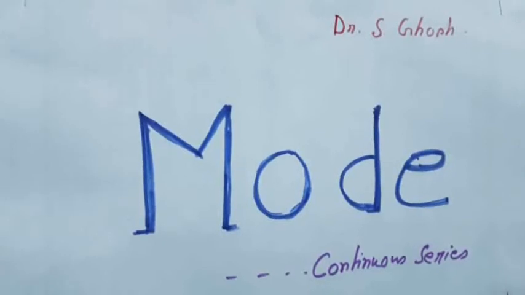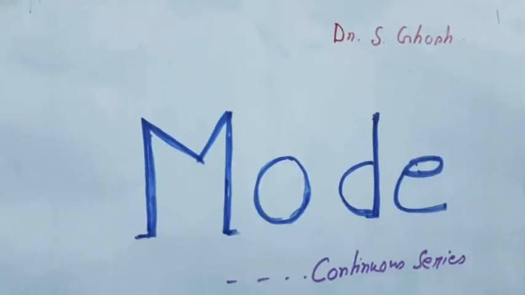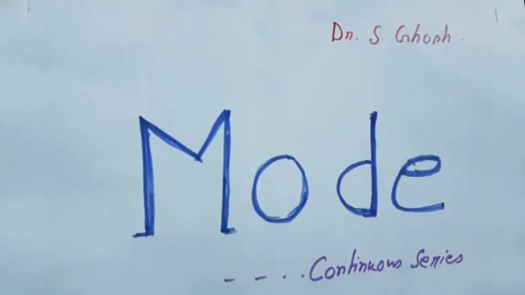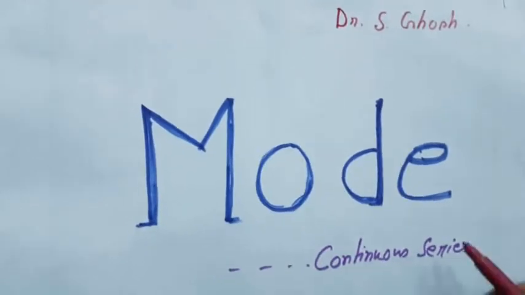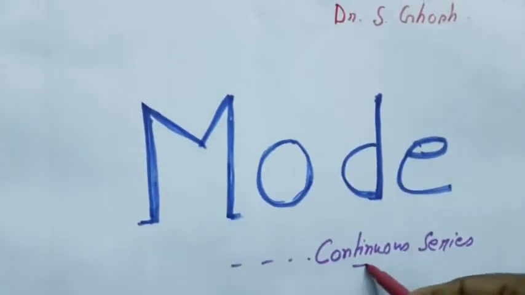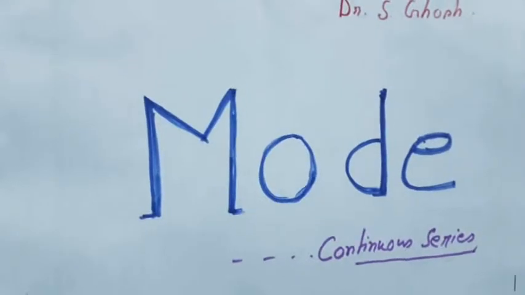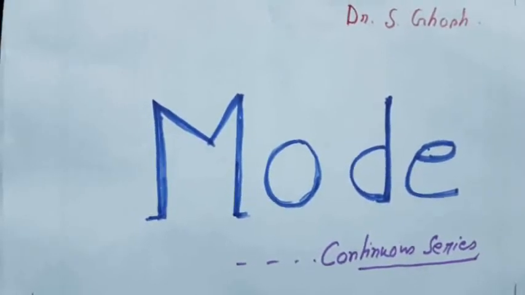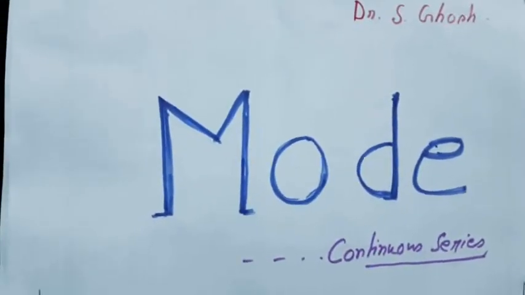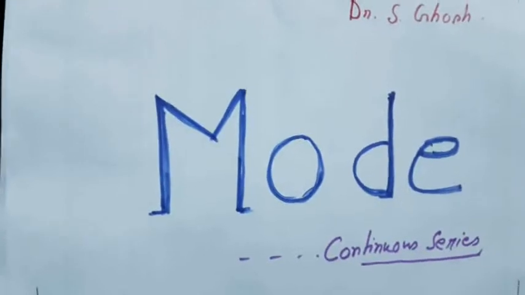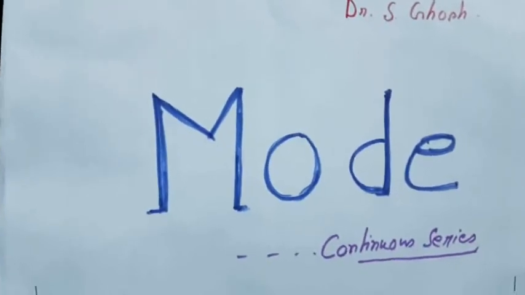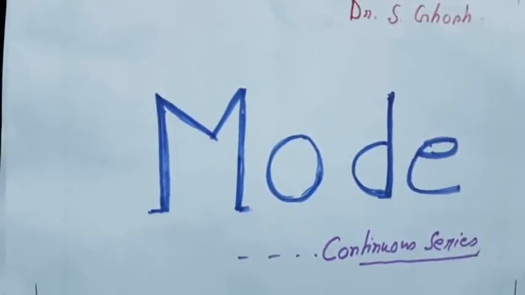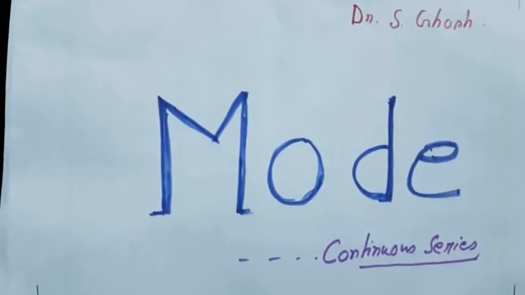Now you will be learning how to calculate the mode of a continuous series. As we know from our previous class, mode is a value which occurs the highest number of times, or in other words, the observation which has the highest frequency is considered as mode.